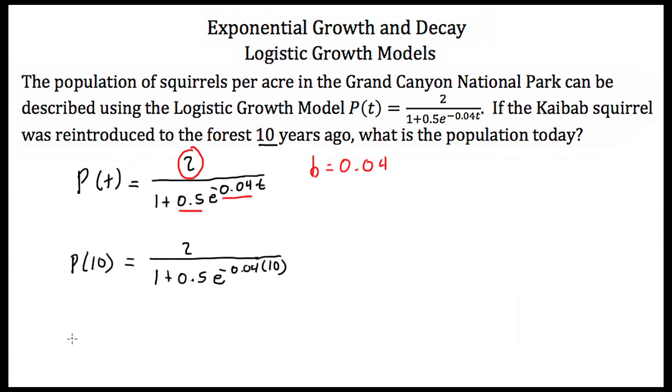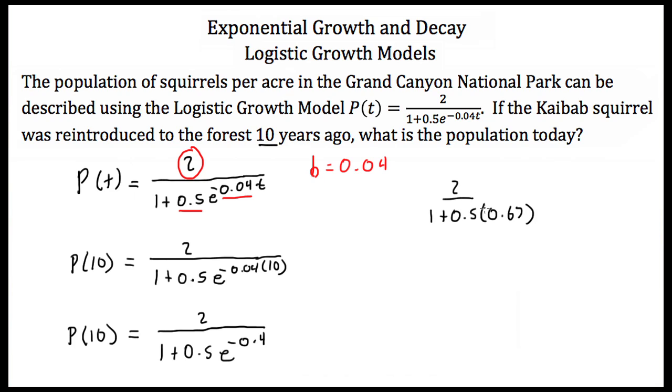If we simplify this a little bit, this is equal to 2 over 1 plus 0.5 e to the negative 0.4. e to the negative 0.4 is equal to about 0.67. So I have 2 over 1 plus 0.5 times 0.67.